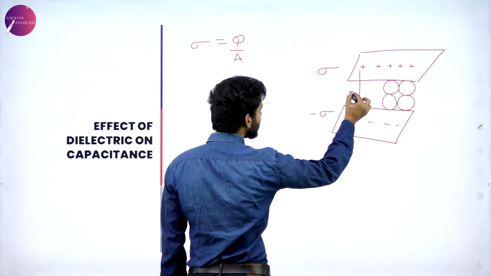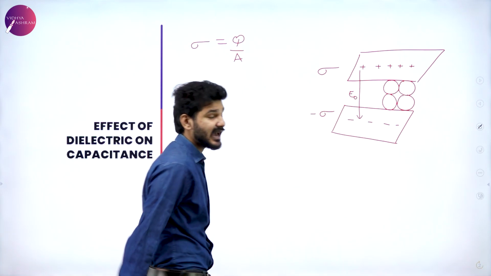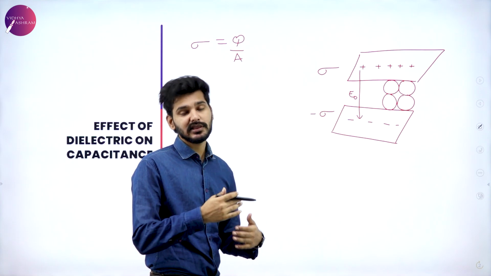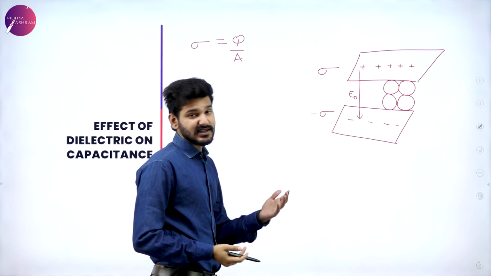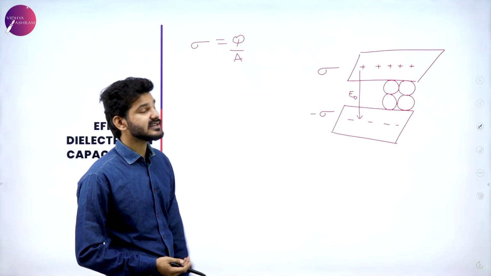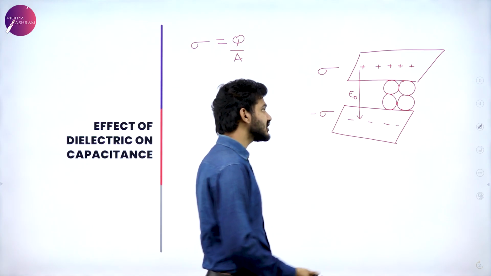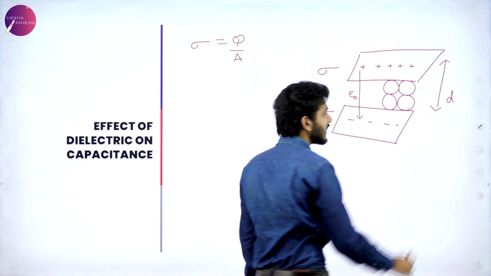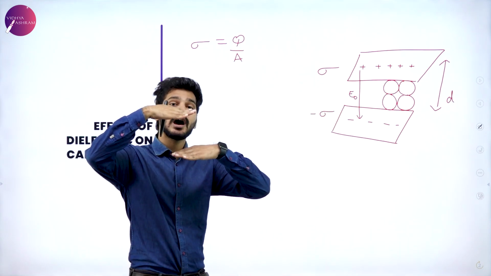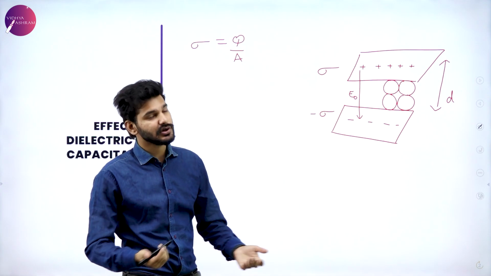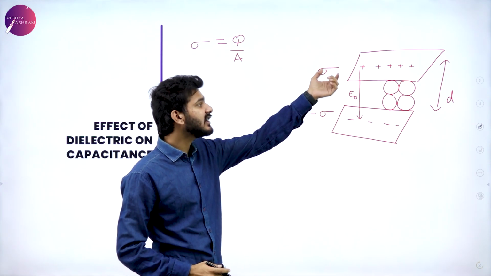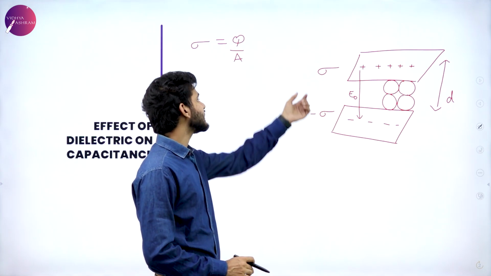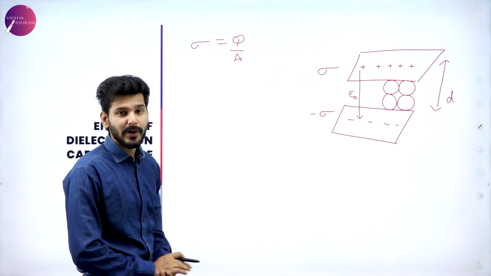So this will be the direction of the electric field, and let's say E0 is the electric field between the plates, and the spacing, that is the distance between the two plates, is indicated by d. So these two plates are kept at a distance of d, placed d distance apart from each other, and they will have an electric field between them, denoted by E0. The surface charge density is given by sigma equals Q by A.